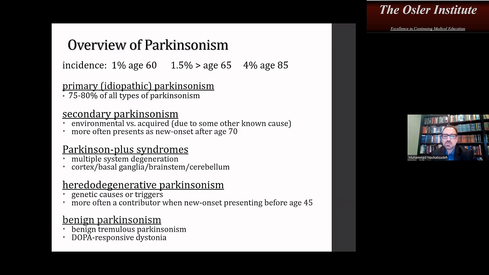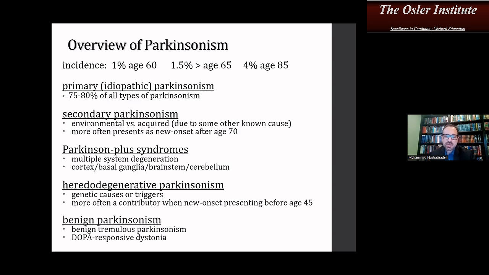So when we think about Parkinsonism in general, this is often a condition that's associated with more advanced age. And sure enough, in people over the age of 60, the incidence is reported to be about 1%. And another older study found that in people over the age of 65, it's more like 1.5%. And then as we approach age 85, as many as 4% of people are Parkinsonian.